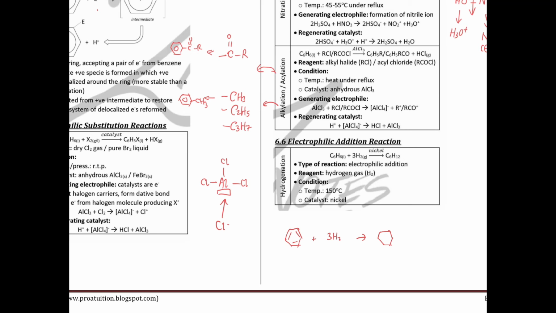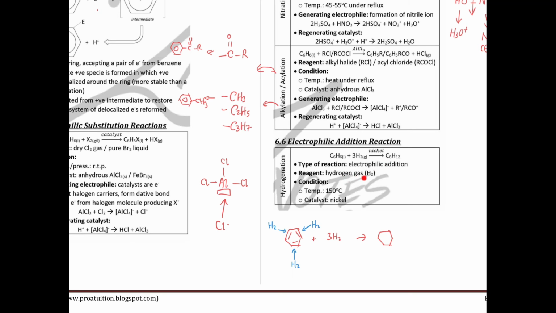This is no more benzene ring idea. Cyclohexane, this structure, cyclohexane. Okay, so that means how they go to the double bond and just do addition, and then no more double bond at the end. C6H12, this is C6H12. Yeah, the product is C6H12. So this is called electrophilic additions.